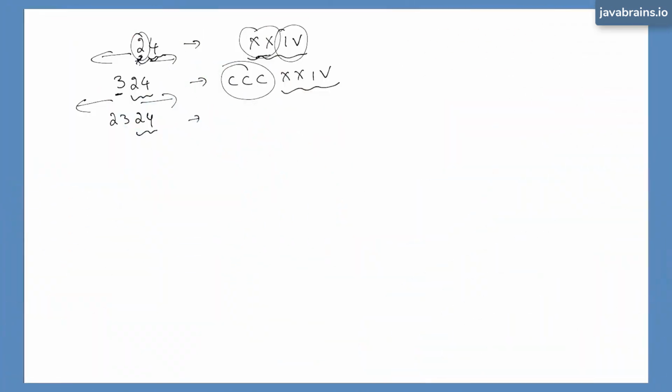So let me show you. Let's say this is 104. Let's take the number 104. What does this map to? 1 in the hundreds position maps to C. And then there is nothing here, so this maps to an empty string. And then 4 maps to IV.